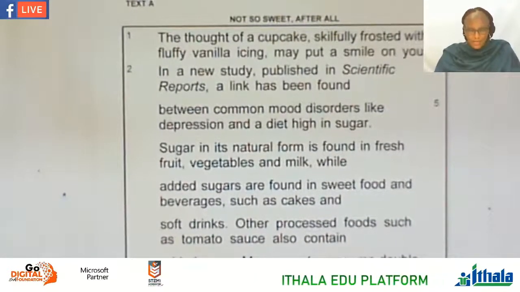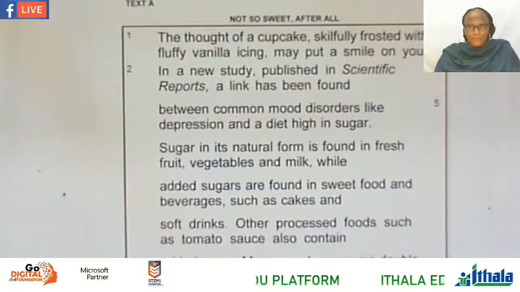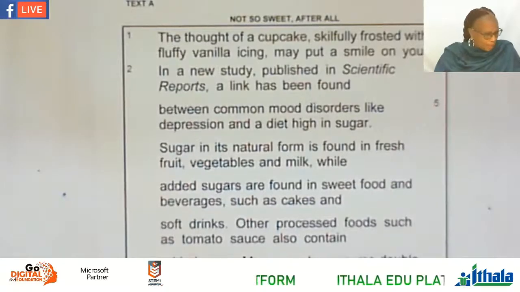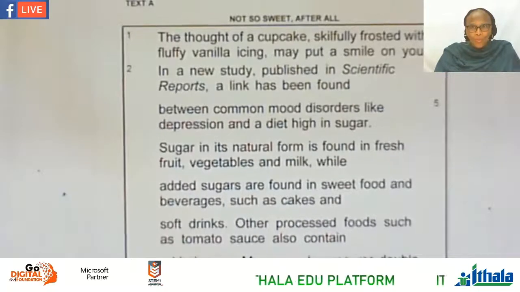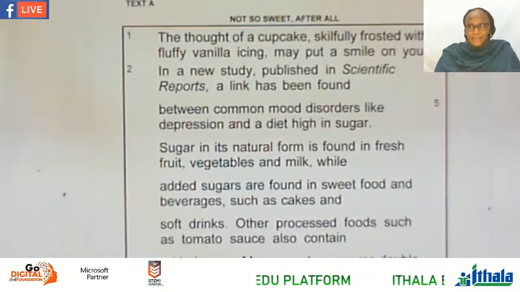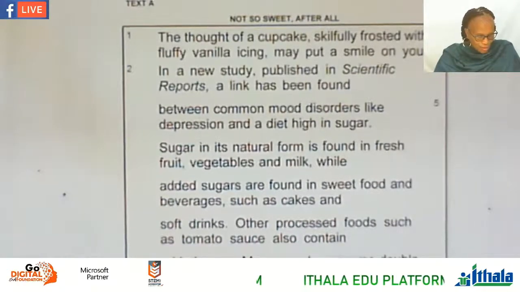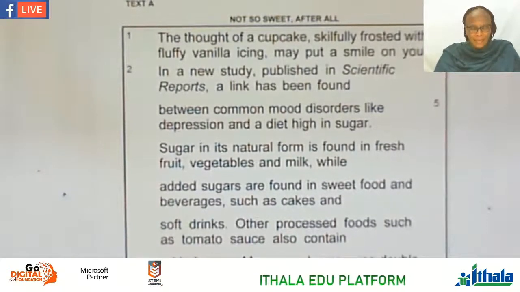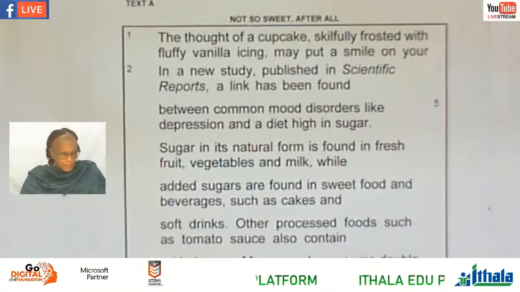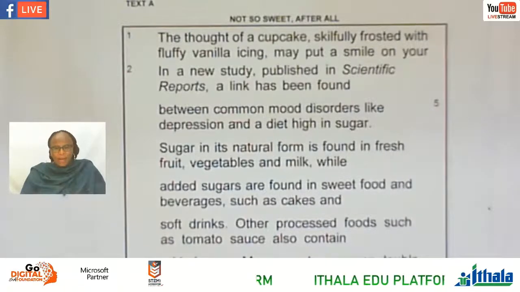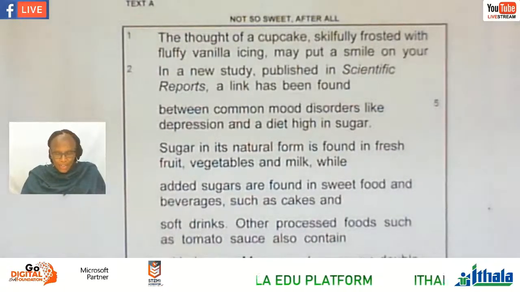Paper 1 wethu is 80 marks. 40 marks is comprehension, 10 marks is summary, which is 50, and then 30 marks is language. Today we'll be dealing with comprehension and summary.